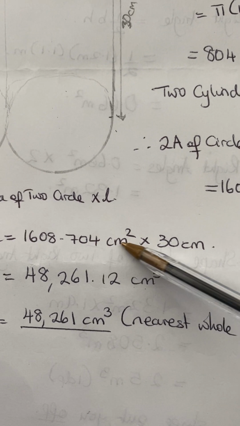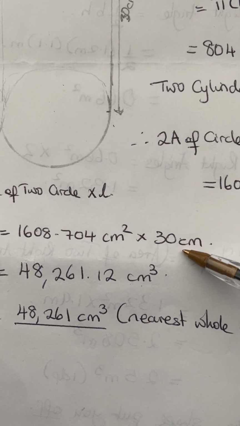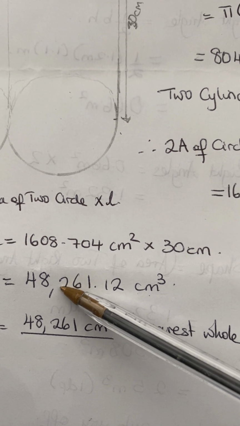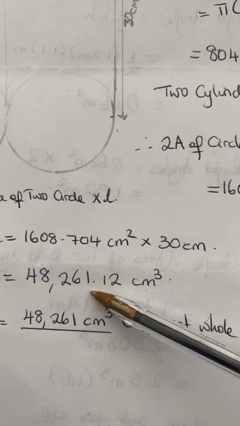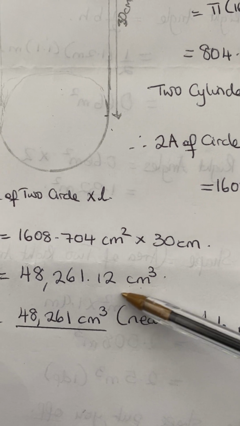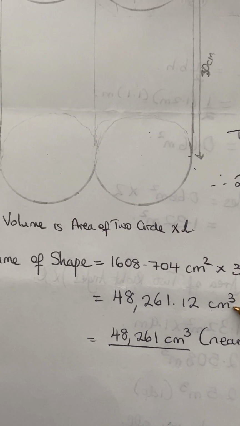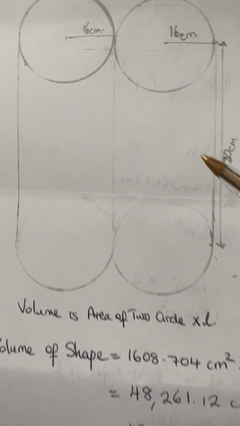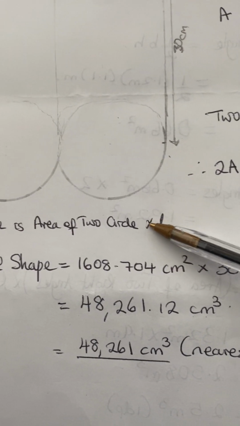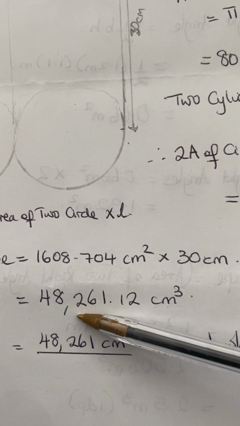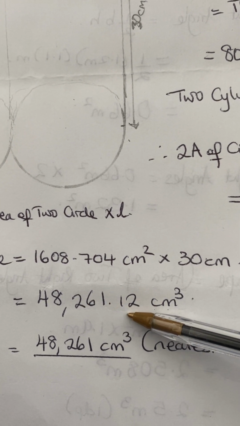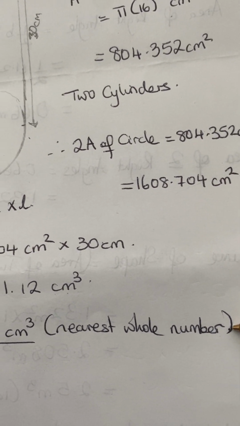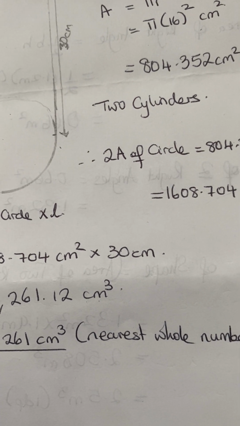If you do that again on the calculator properly, you should get 48,261.12 cubic centimeters. So the volume of this shape here is 48,261.12, but they said we should leave our answer to the nearest whole number.